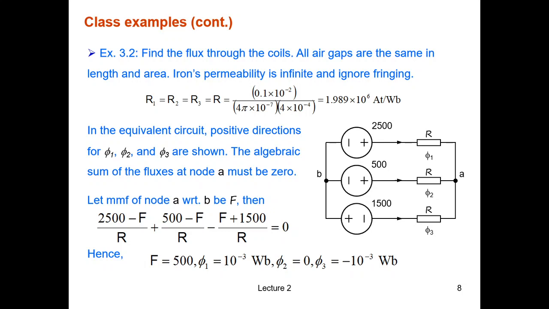Therefore phi1 and phi3 will have the same value with different signs. It means that phi3 is actually going this way, and there's nothing flowing through the second branch, so phi2 is 0.